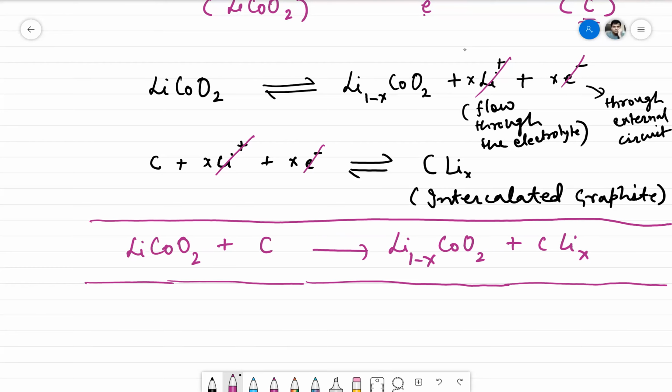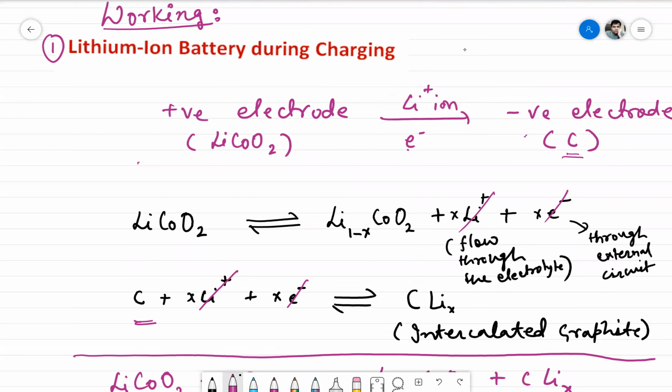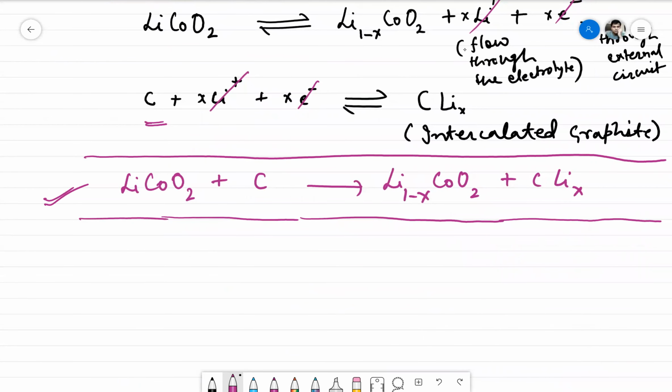The lithium ions move from the positive electrode to the negative electrode, and electrons also flow from the positive electrode to the negative electrode through the external circuit, and these lithium ions and electrons combine at the negative electrode, that is graphite, resulting in the formation of intercalated graphite. So the overall reaction taking place in the lithium ion battery during charging can be shown like that. Now let's see what happens during discharging.